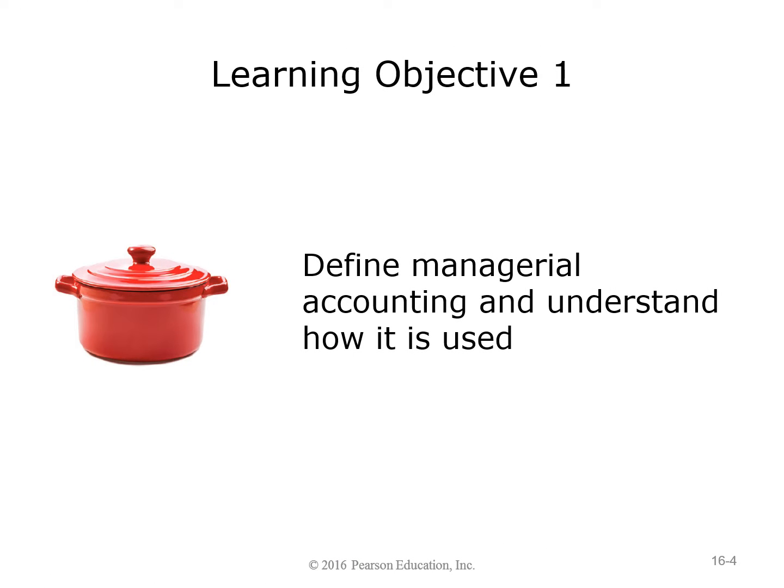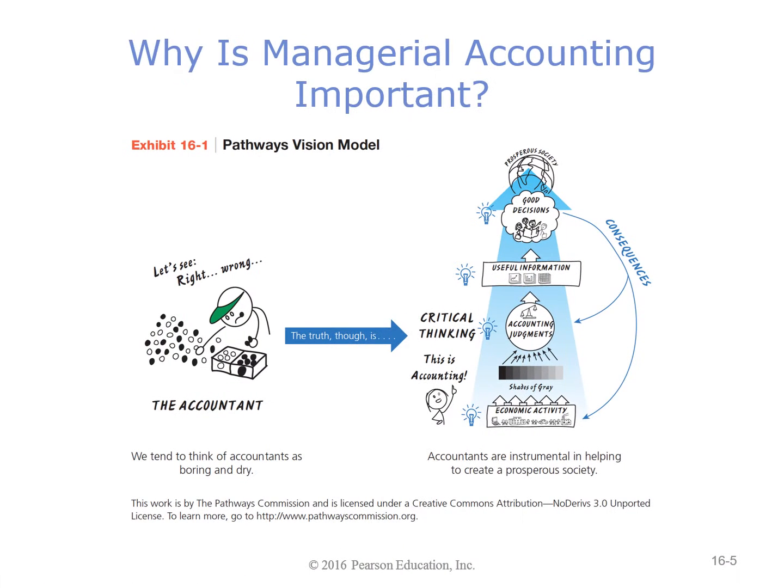Let's go to the first learning objective, which is to define managerial accounting and understand how it is used. First of all, the information provided by financial accounting is an input for a lot of other types of accounting.